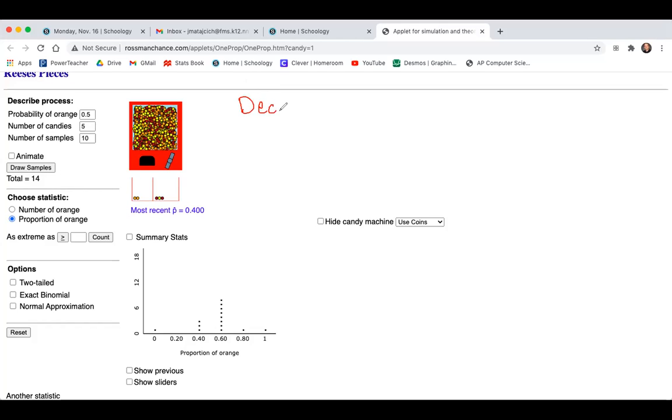I'll just write it out like this. If you want to decrease variability, increase the sample size, which of course is just denoted as a lowercase n. If you want to decrease the variability, increase the sample size.